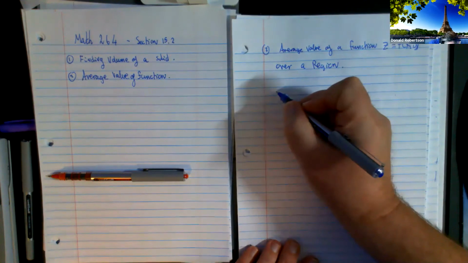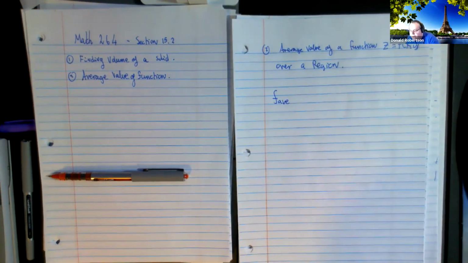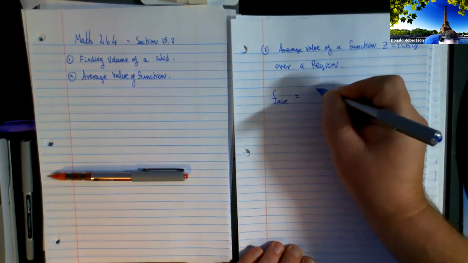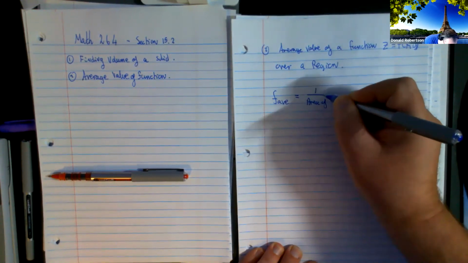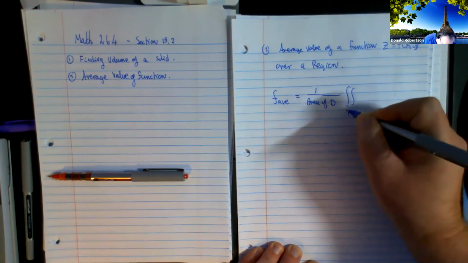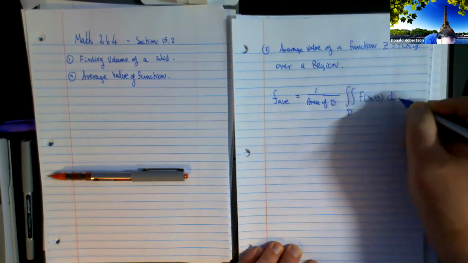And here is the weird notation that we borrowed from Calc 2. It is equal to 1 over the area of region D, the double integral over region D of our function dA.